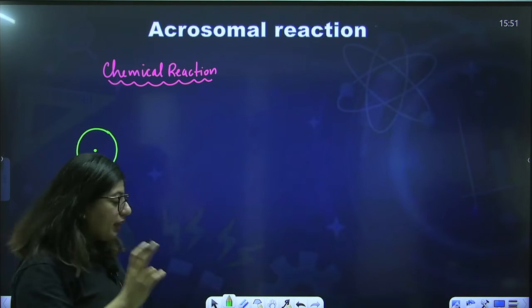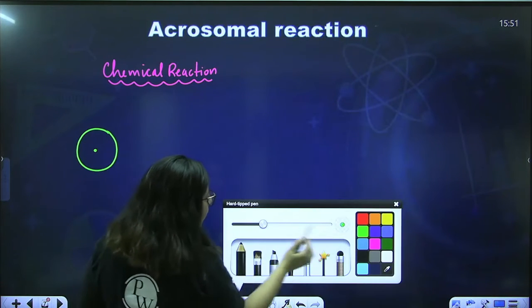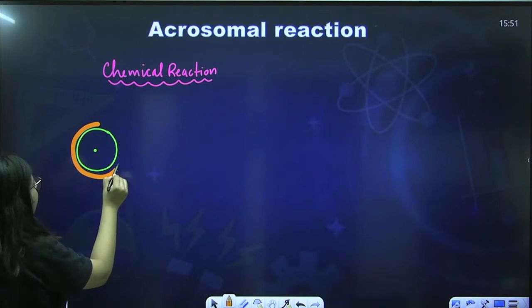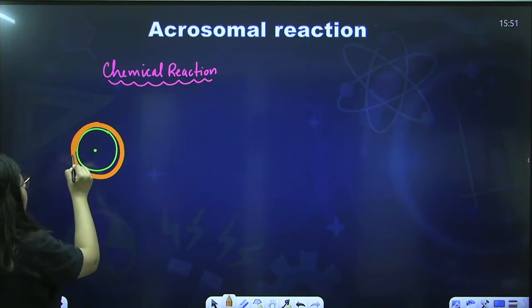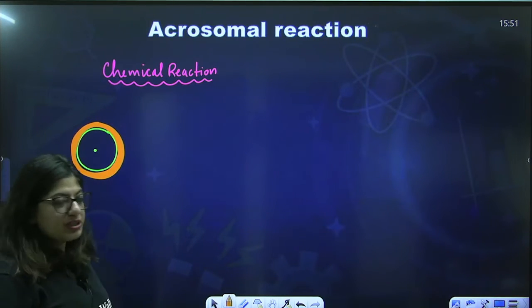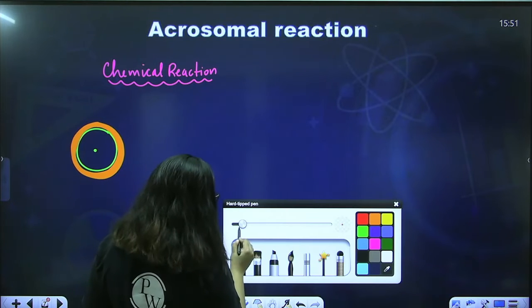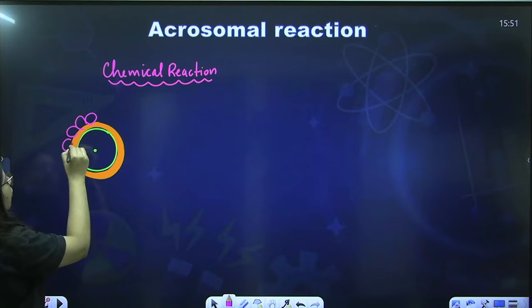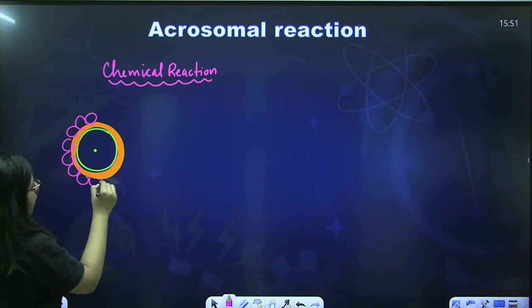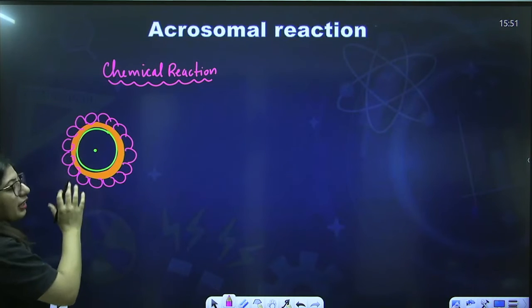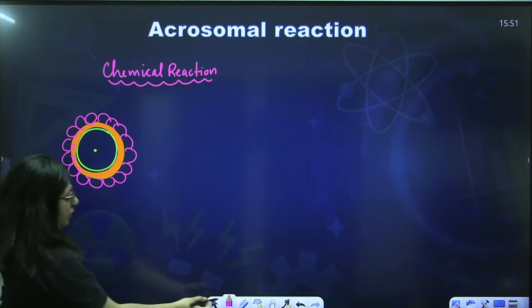You all know it also contains a lot of layers around it, if you remember, right? So there is an outer layer of glycoprotein known as the zona pellucida, and then there is a layer of cells known as the corona radiata. This is what is released from the ovary and this is what enters into the fallopian tube, right?